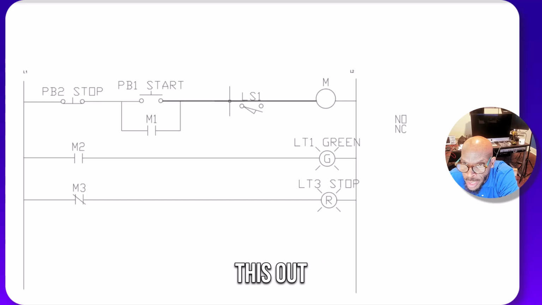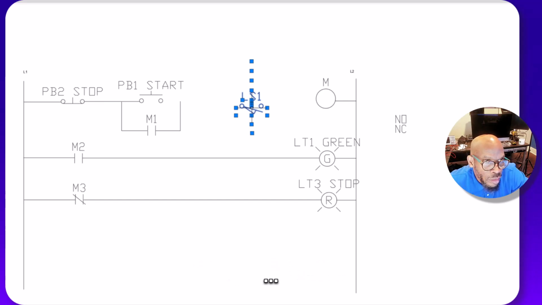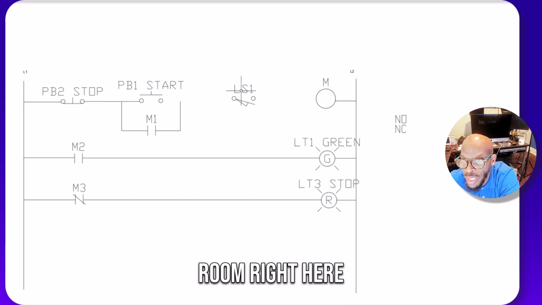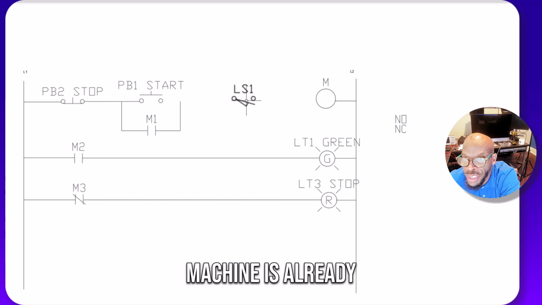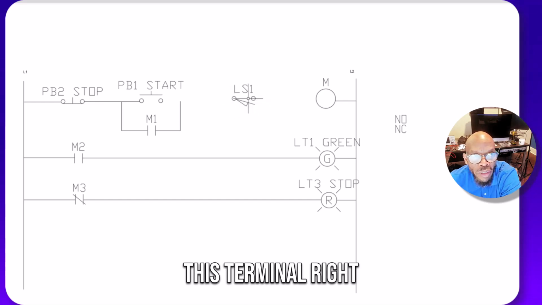So let's take this out, and then we're going to put this limit switch in here. Well, we don't need to put it in this rung right here. We need to put a normally closed one in here, because unless the machine is already there, this is not going to work, since it won't be able to go across this terminal right here.